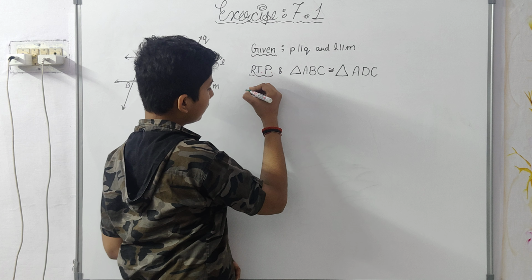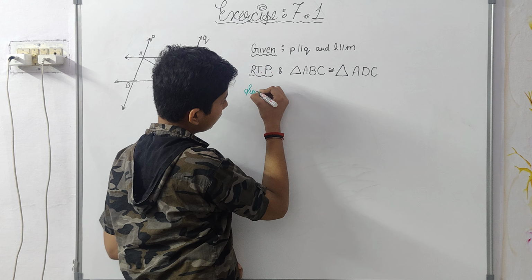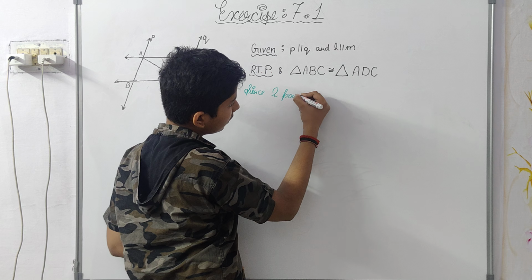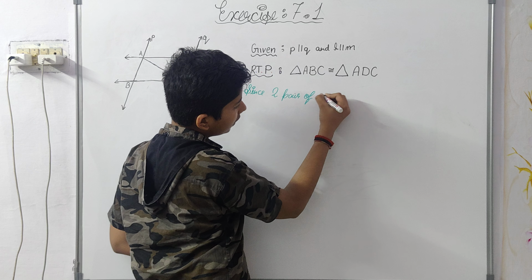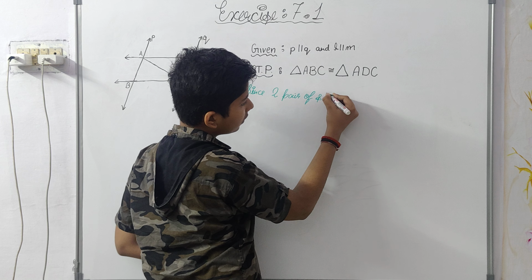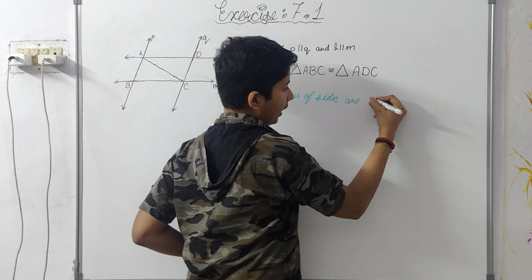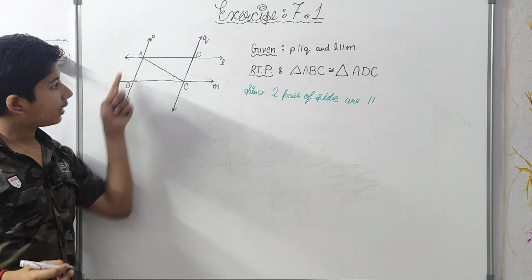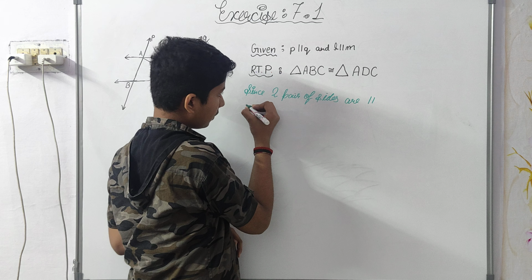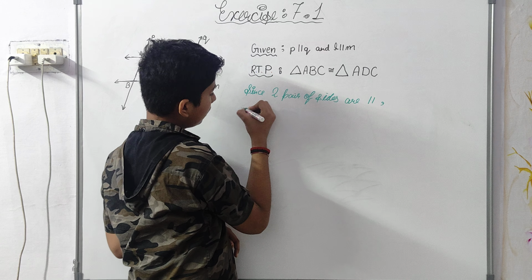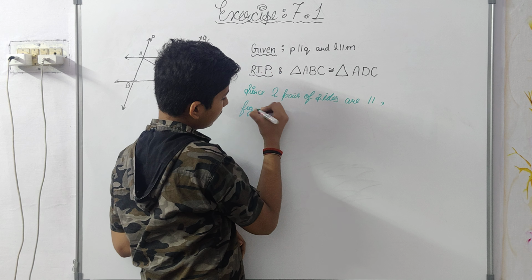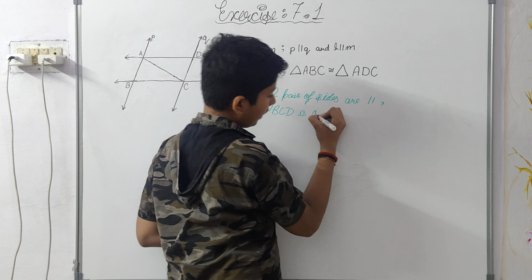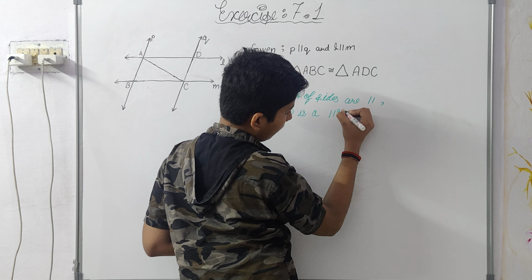Now here we'll write: since two pairs of sides are parallel, meaning these two and these two, figure ABCD is a parallelogram.